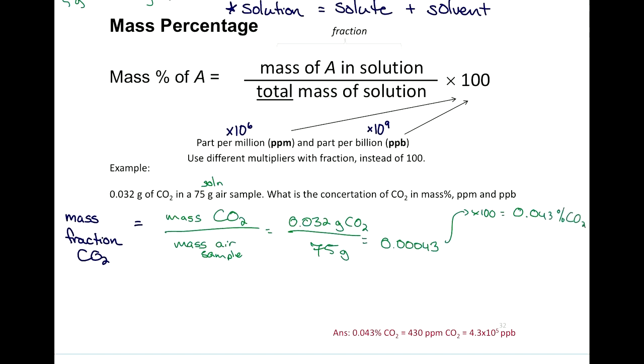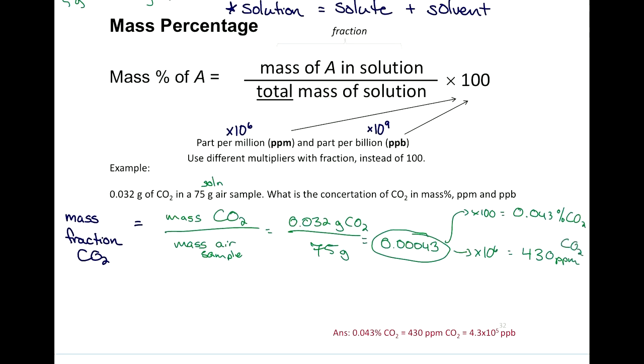So I'm starting with this fraction that I just calculated. To get to parts per million, we multiply by 10 to the 6th, so we're multiplying by a million, essentially. And so we get that this air sample is 430 parts per million CO2.